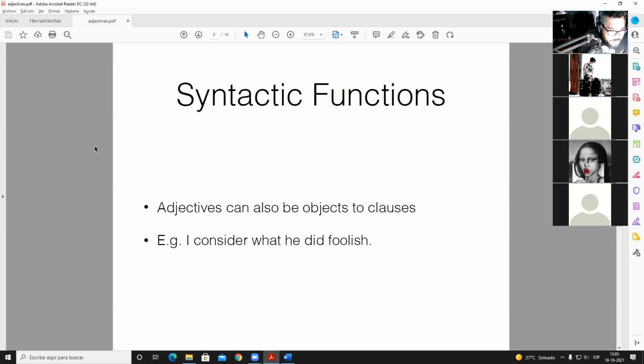I consider what he did foolish. I don't agree with this idea because, first of all, we need to find out where is the main verb, right?